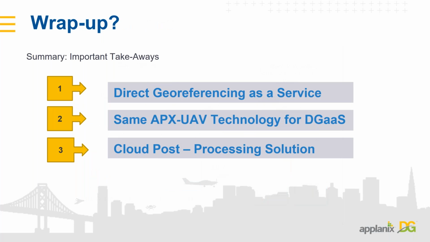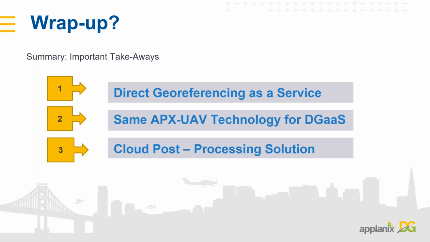So just a couple of important takeaways before we get into some questions regarding this. One thing to remember is that direct georeferencing from Applanix is available from some of our partners as a service, and that does provide you with a low-cost entry point into the survey and mapping technology with UAVs.